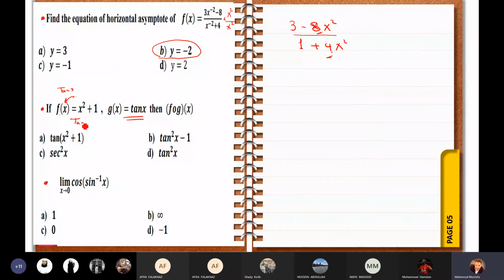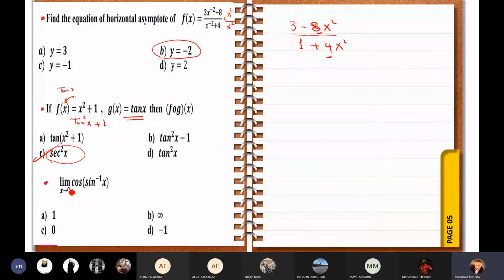So you have tan squared x plus 1. Here we don't have tan squared plus 1, but we have secant squared, because 1 plus tan squared is secant squared. Done? Yes.